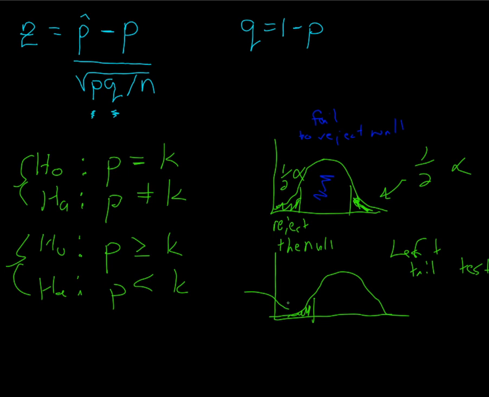And our significance level value is the probability of landing in that rejection region, where we reject the null. And if we fall out of the rejection region, we fail to reject the null.